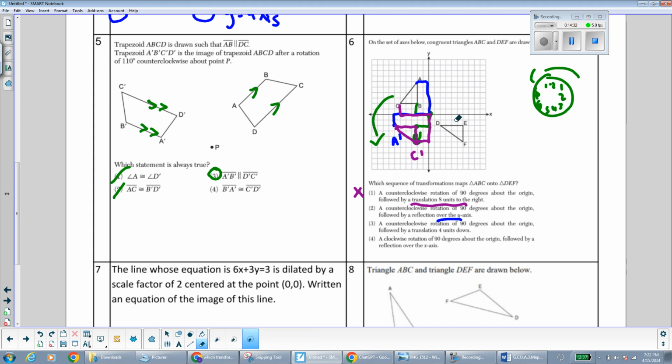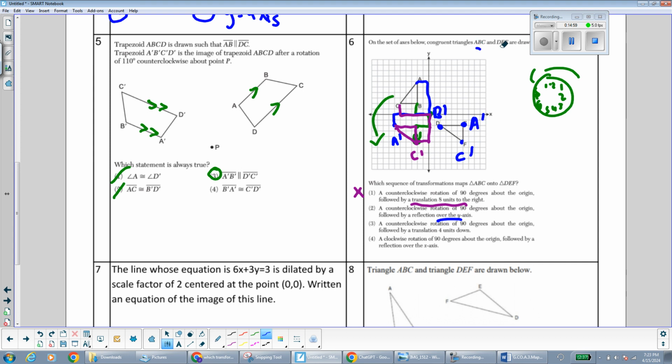My bad. 1, 2, 3, 5, 6. So this is going to be A prime. That's going to be B prime. And that's going to be C prime.